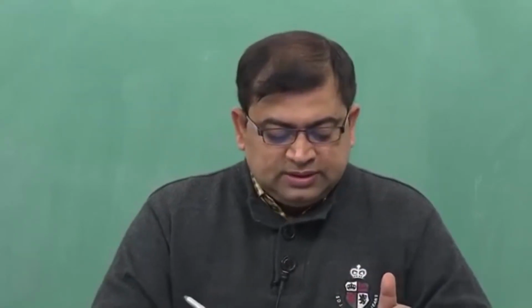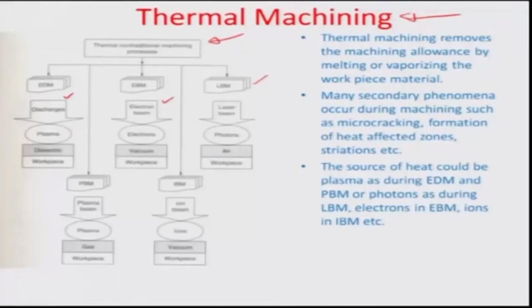Okay. So, you can see here the EDM case has a dielectric fluid deployed, because the idea is that the spark will not be formulated unless there is a dielectric, and it has to break down the dielectric and formulate a spark.